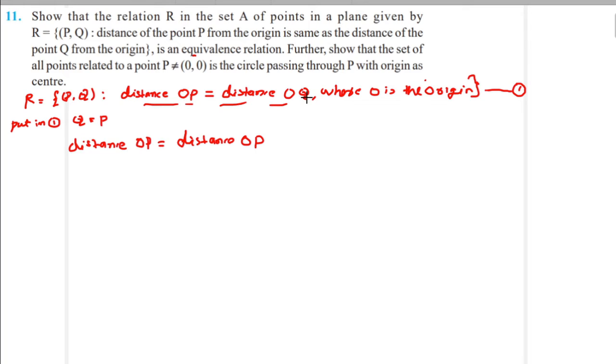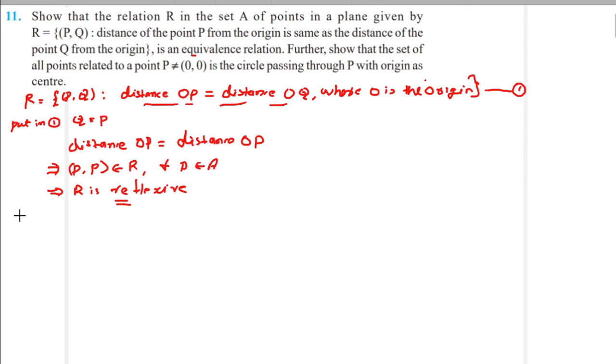Here apply the P. Distance OP equal to distance OP means it is only one distance from the origin to point P. This implies (P, P) belongs to R for all P belongs to A. What is A? A is the set of all points in a plane. Therefore, R is reflexive. Okay, reflexive relation.